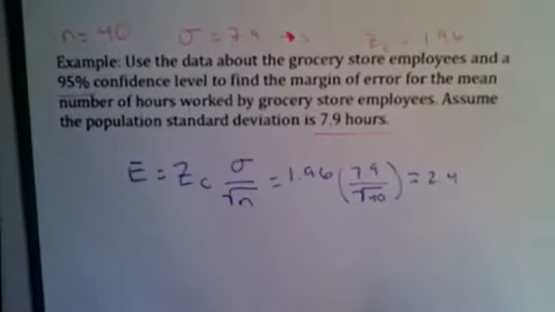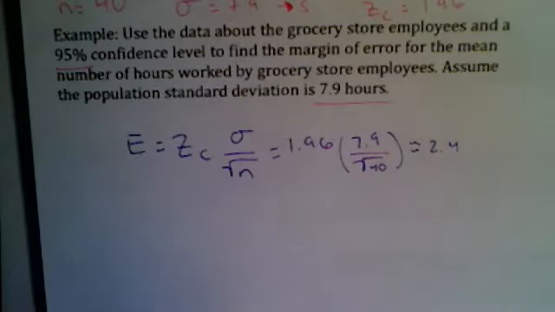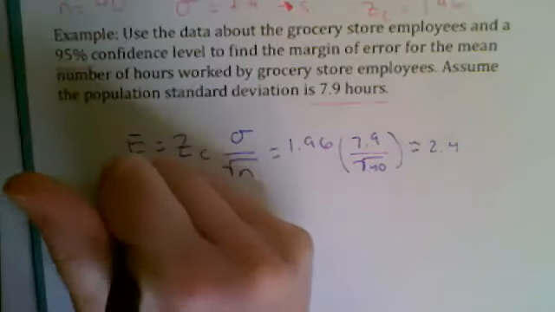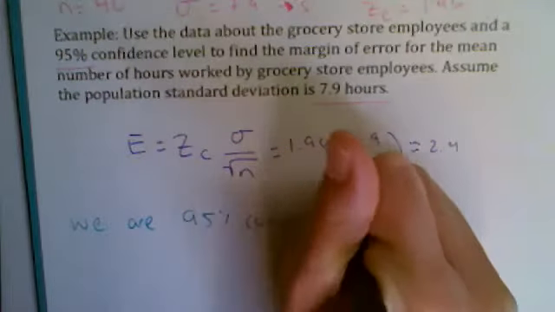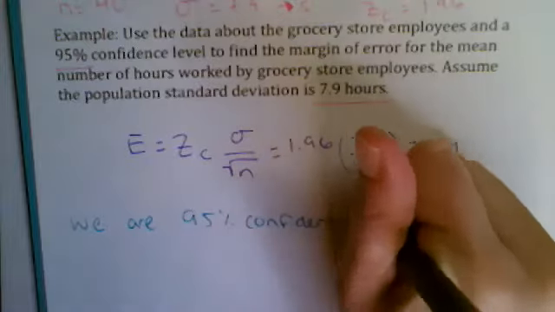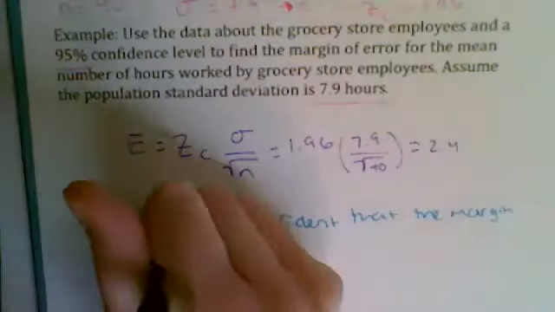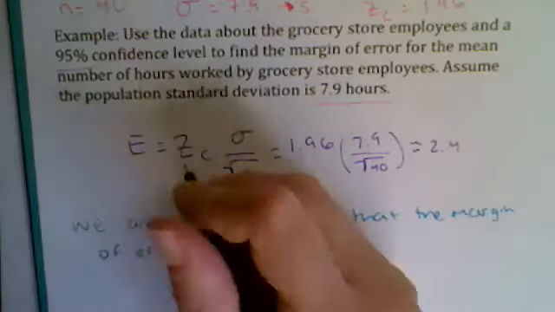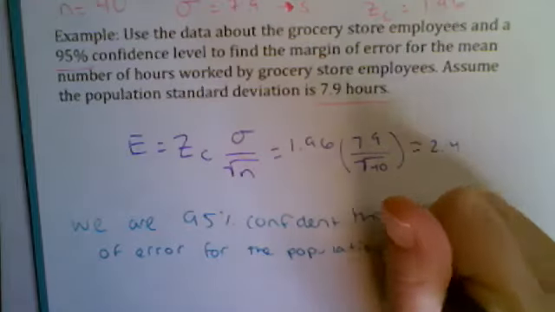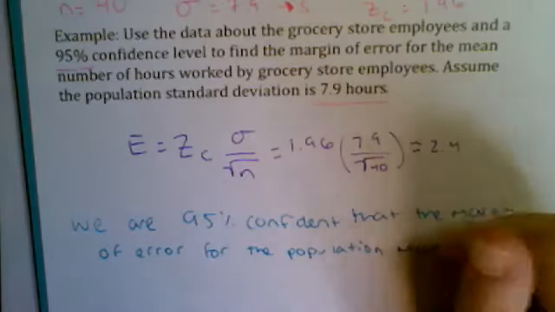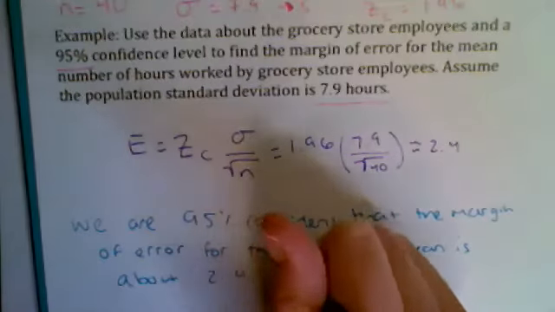So our summarizing sentence for this is, we are 95% confident that the margin of error for the population mean is about 2.4 hours.